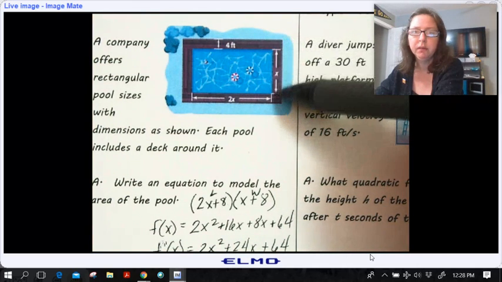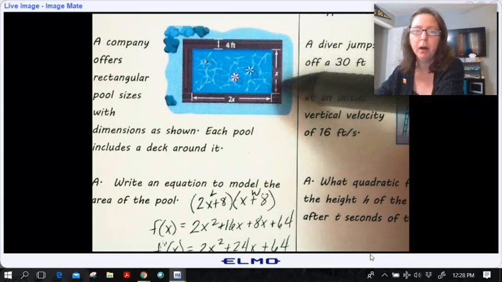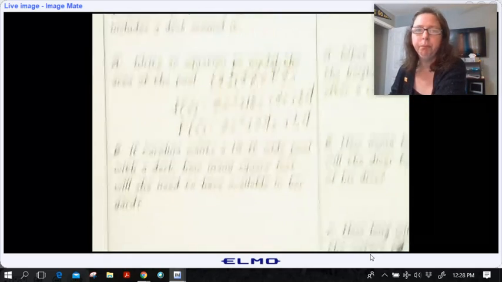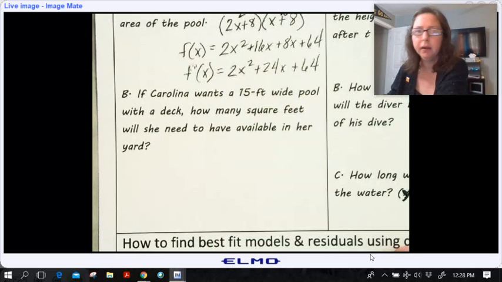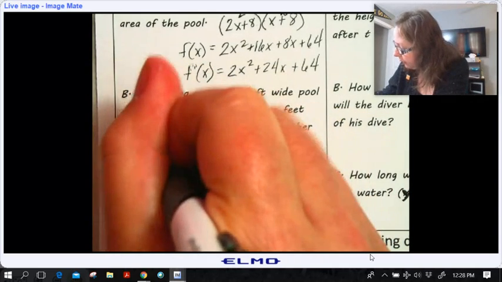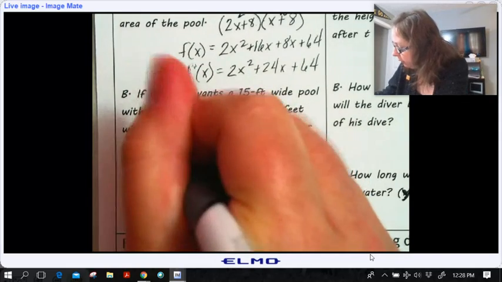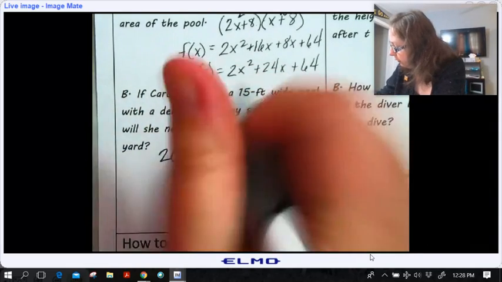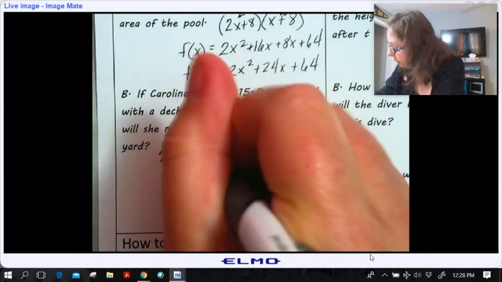Okay, she wants this to be 15 feet wide. So we are going to take this equation and substitute in 15 everywhere.